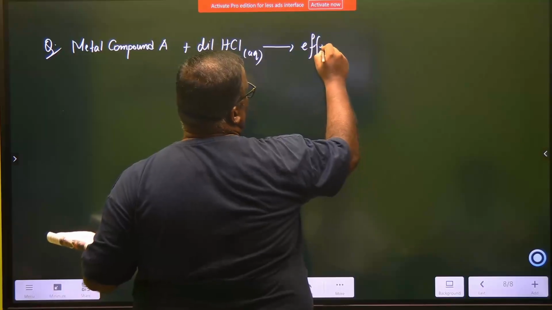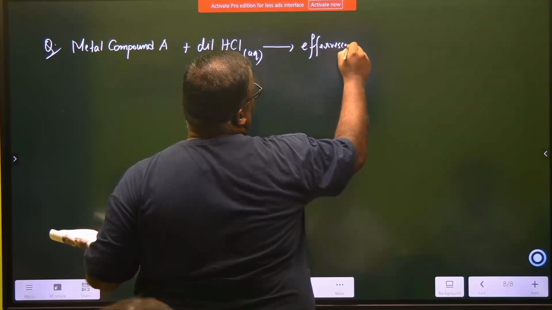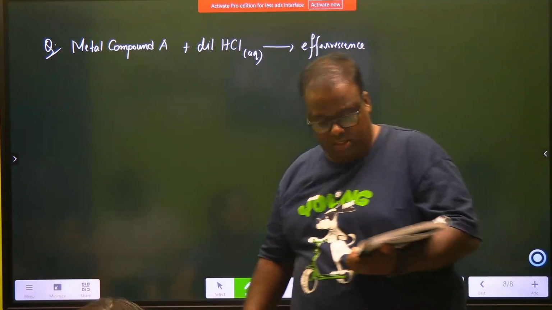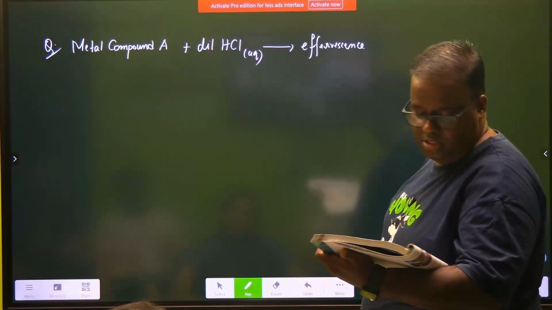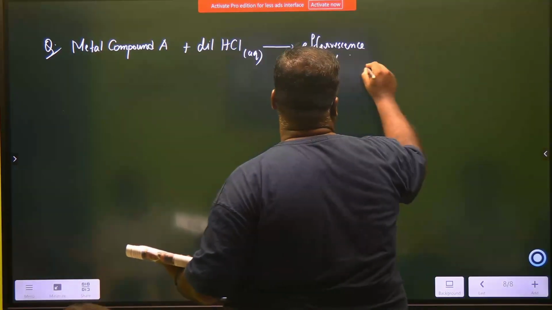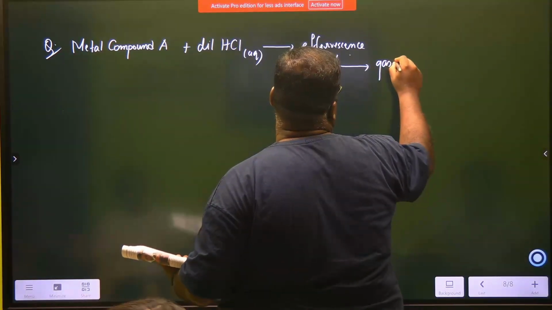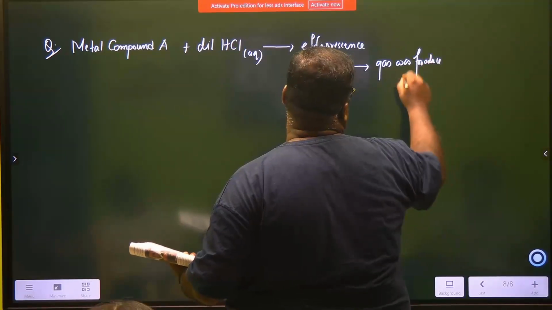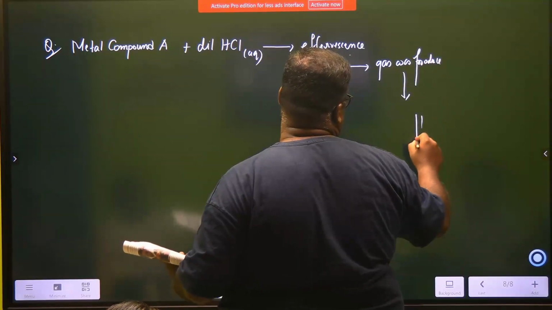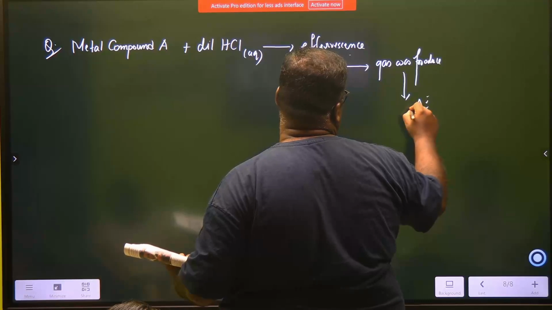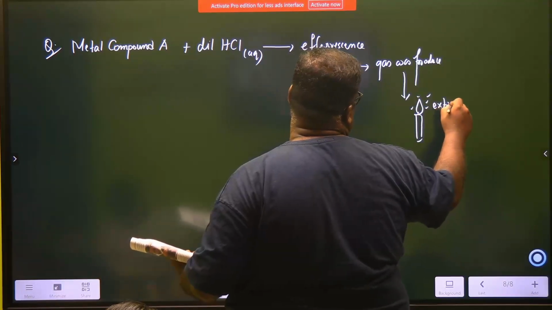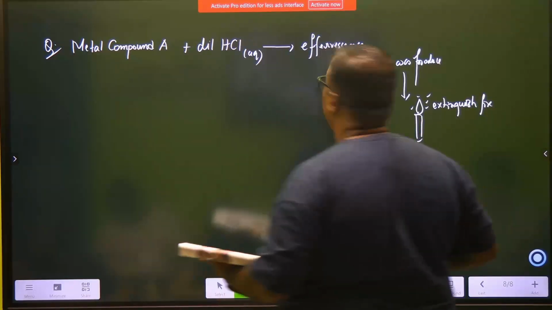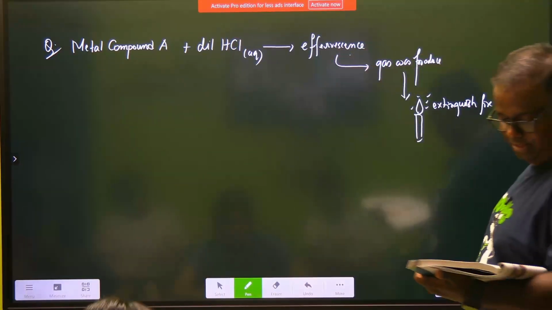Do you know what is effervescence? And in this effervescence, a gas was produced. And this gas was such that it could extinguish fire. It could extinguish the fire. Very good.